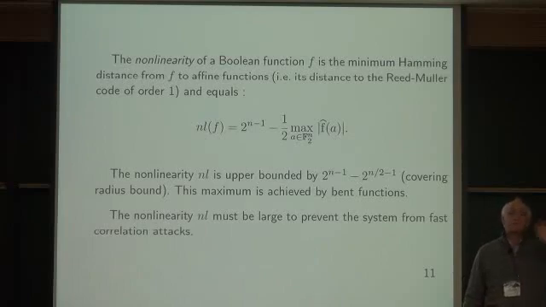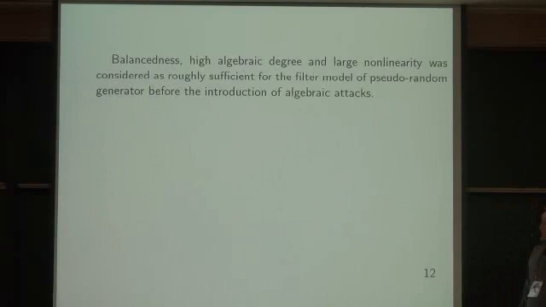It cannot be used because it's weak against an attack, and you want to be strong against all attacks. Until the end of the last century, roughly, this was enough. You needed balancedness, high algebraic degree, large nonlinearity, and you could get this with functions of, say, 10 variables.